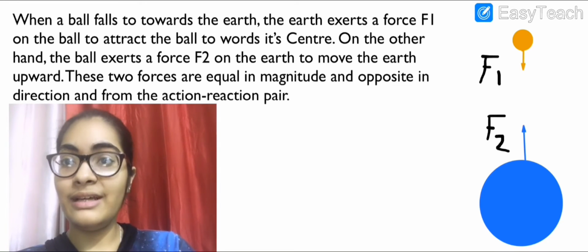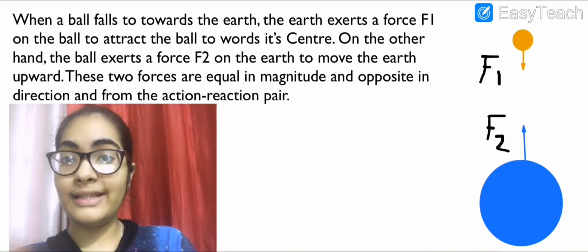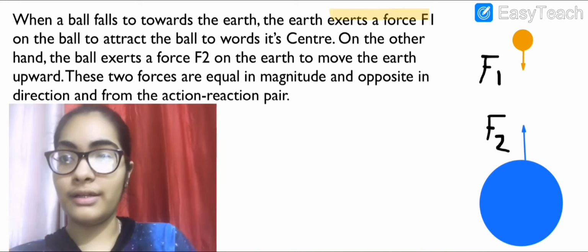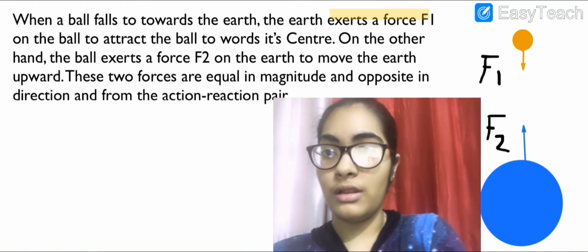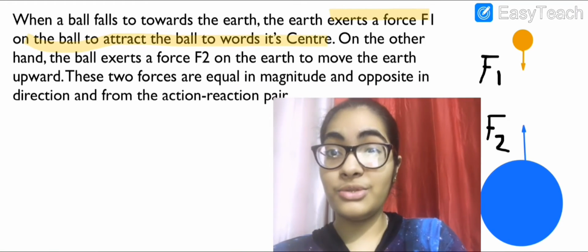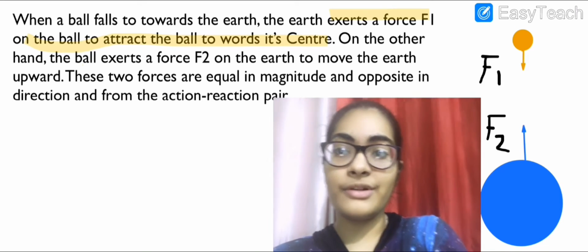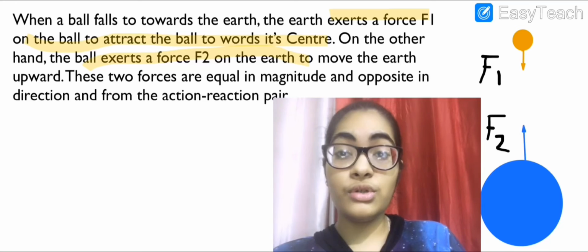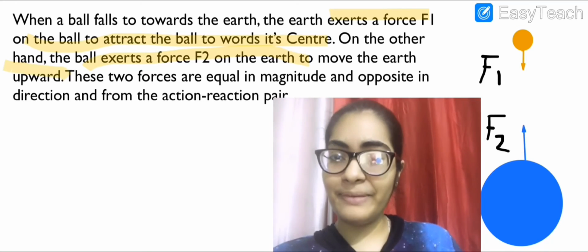Action-reaction pair. When a ball falls towards the earth, the earth exerts a force F1 on the ball to attract the ball towards its center, and the ball in turn exerts the force F2 to move the earth upward. Has it ever happened?